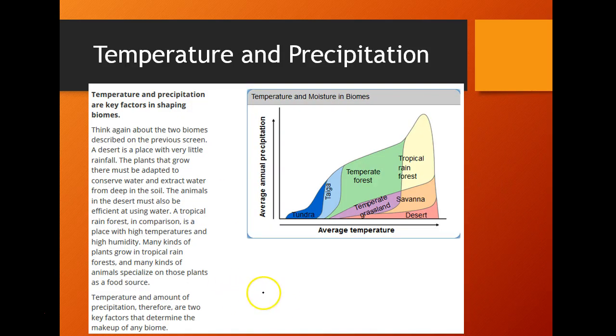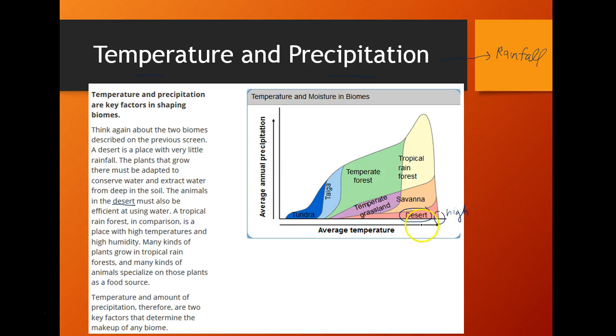Again, one of the ways that we define what a biome is, is by looking at the temperature as well as the precipitation or rainfall of a biome. If we look here, just as we talked about, the desert is going to be on the spectrum for temperature as very high.